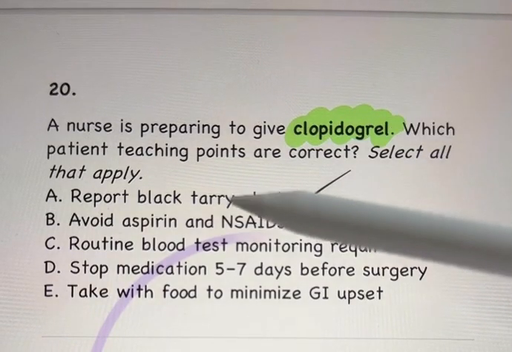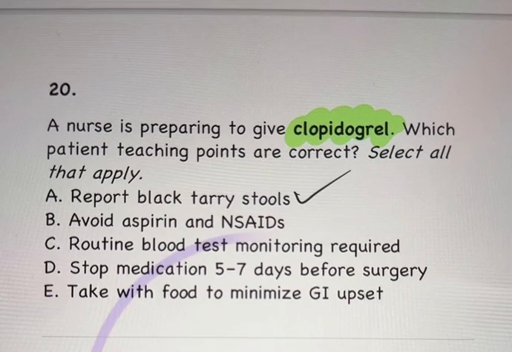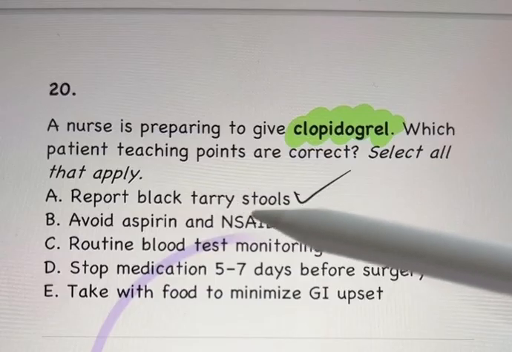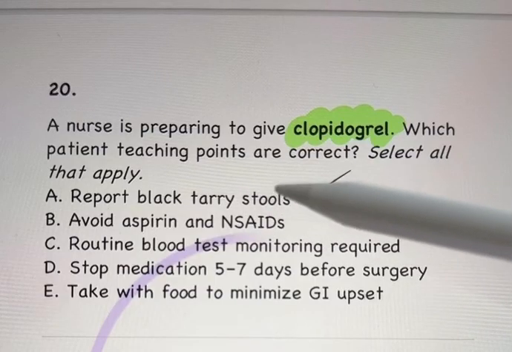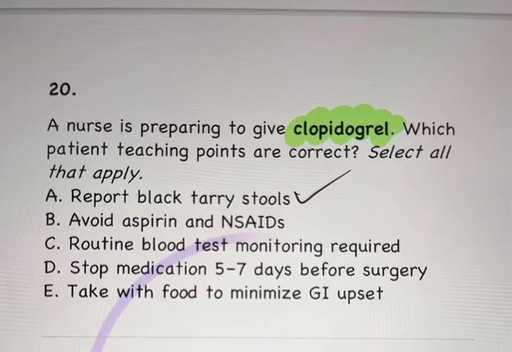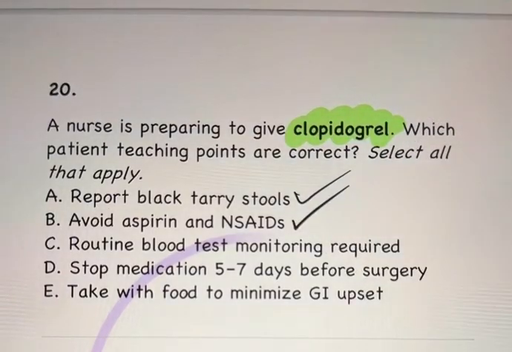Okay. Avoid aspirin and NSAIDs. Do we need to avoid aspirin and NSAIDs? Definitely, because aspirin is an antiplatelet. NSAIDs also inhibit COX-1, COX-2, prostaglandin, and that can cause bleeding. So that's why we need to avoid aspirin and NSAIDs.